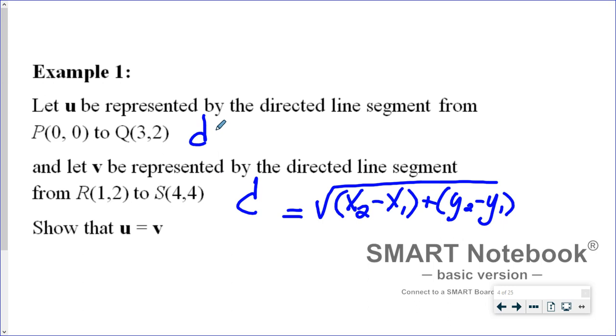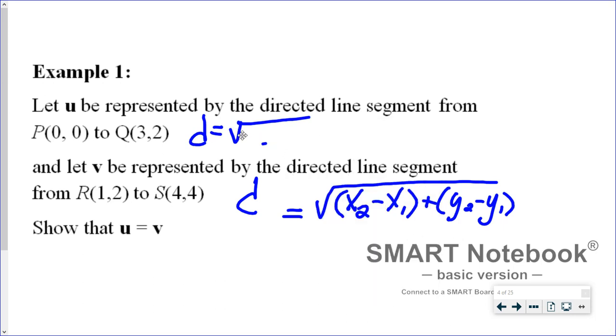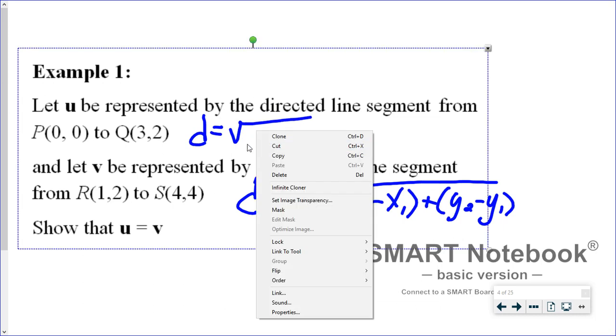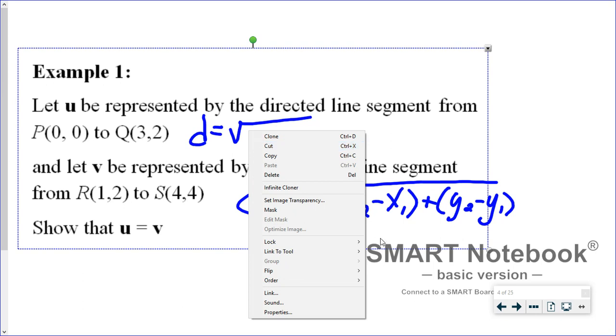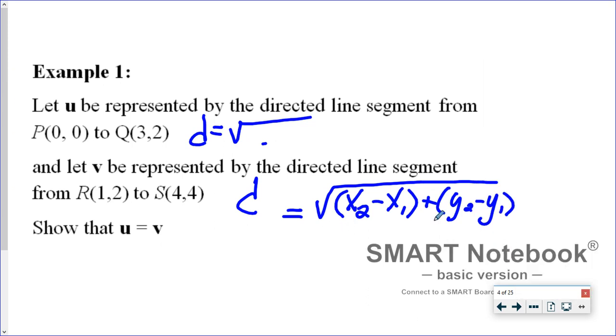So the distance here is going to be equal to the square root of (3 minus 0) squared plus (2 minus 0) squared. I forgot up here, these are squared.